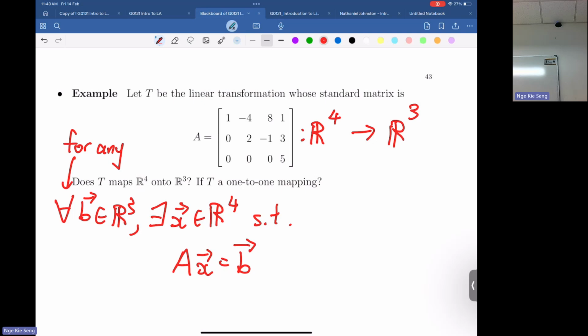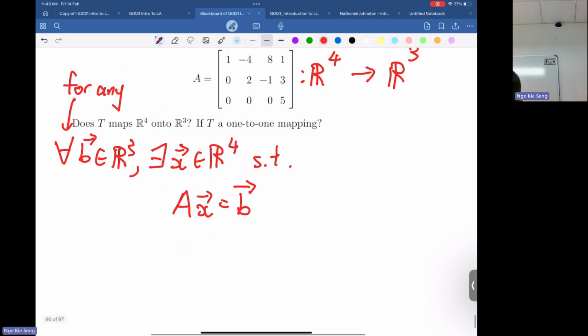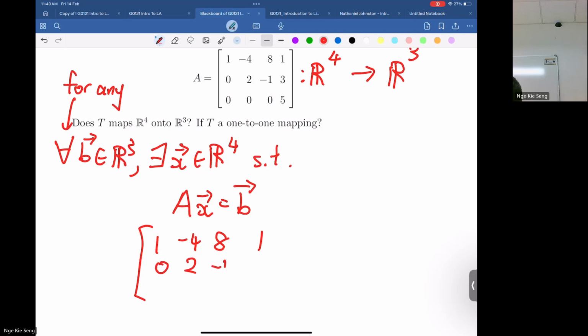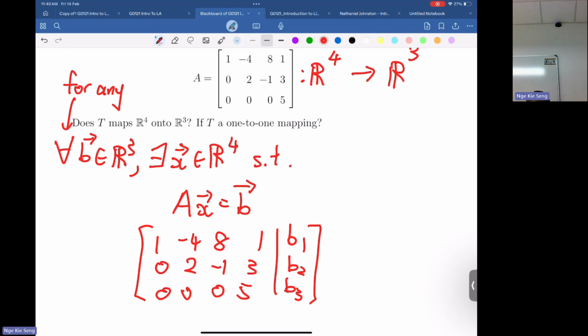Let's try and solve this. This is a general b, so we will write it as b1, b2, and b3 here. I think this matrix is pretty nice already.